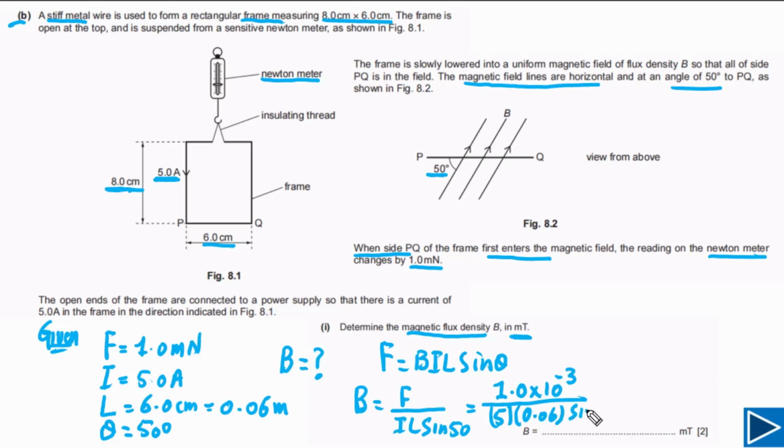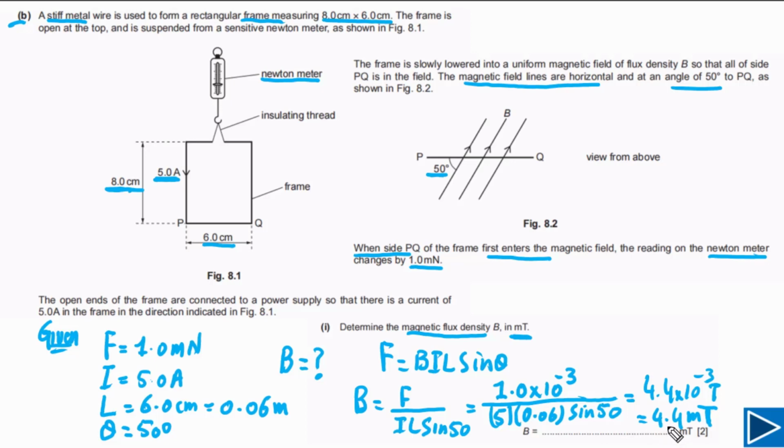So here we have sine of 50 degrees. Now if you do these calculations, our final answer in this case will be 4.4 times 10 to negative 3 Teslas. Simply we can say this will be equal to 4.4 milliteslas because our answer has to be in milli. So this is our final answer.